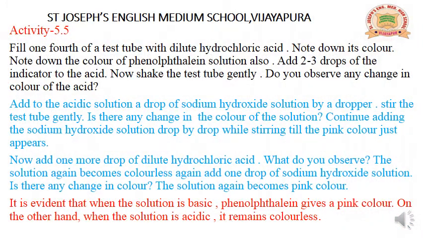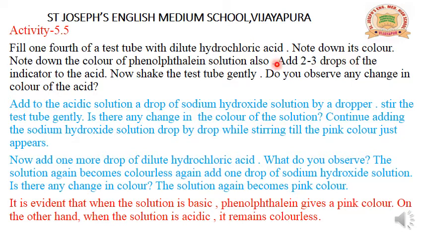Let us perform an activity to know the action of phenolphthalein on acids and bases. Activity 5.5. Fill 1/4 of a test tube with dilute hydrochloric acid. The name itself tells that it is an acid. Note down its color. Note down the color of phenolphthalein solution also.